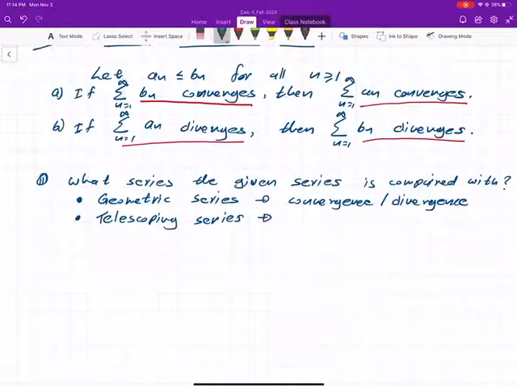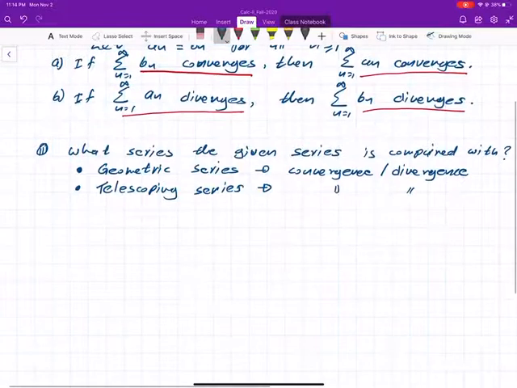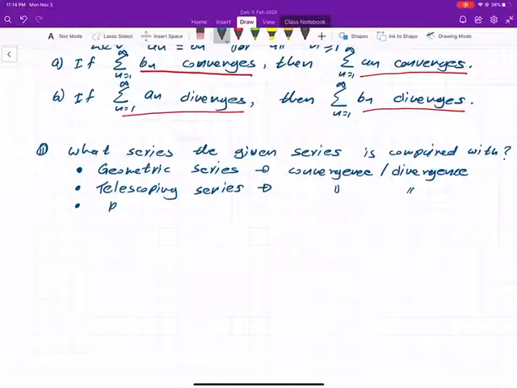All right, so you know how to recognize convergence and divergence of telescoping series too. And third series that you would compare with is the P series. All right, you also learn P series. You know how to compute convergence and divergence of that.